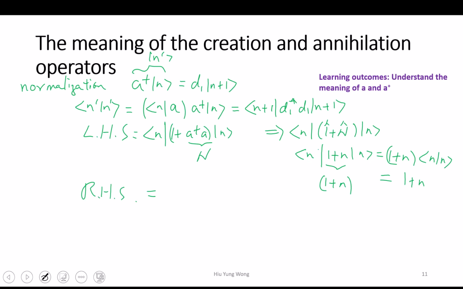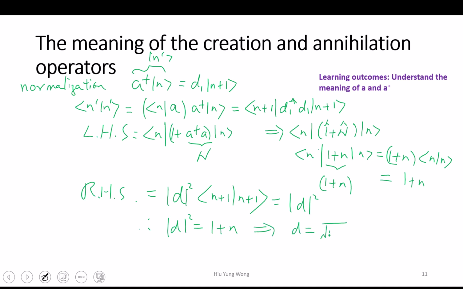D times D is what? Just the magnitude of D, right? So it is equal to D squared times n plus 1 inner product n plus 1. So this is equal to D squared. So what does it mean? D has magnitude squared equal to n plus 1. So D equals square root n plus 1.